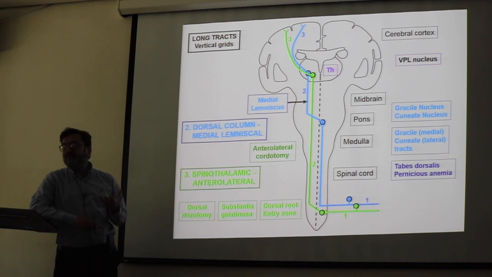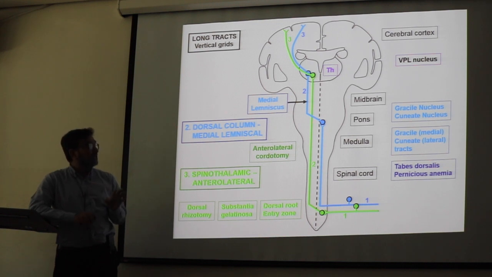In the medulla, they are going to join the two tracts, the anterior spinothalamic and the lateral spinothalamic. They would form the spinal lemniscus, and they will reach the thalamus and synapse with the ventro-posterior lateral nucleus of the thalamus, which is the cell bodies of the third order neurons, and from here the axons will go to the post-central gyrus.